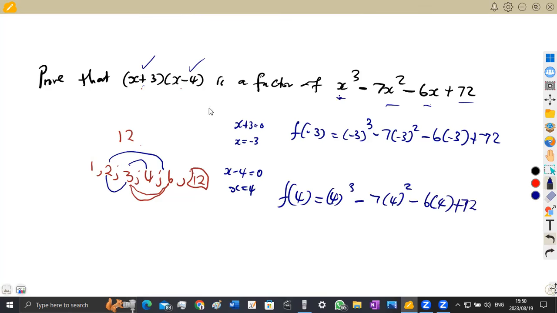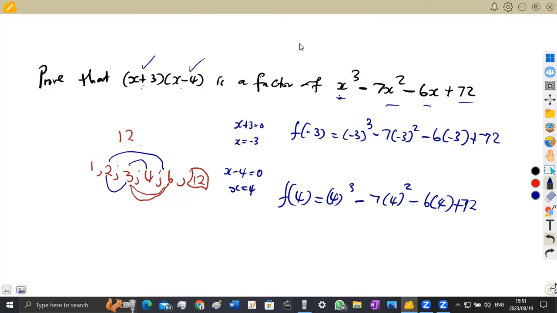But we can actually do it in another way, which we shall talk about later on. But the most important part that I need us to understand is how to find the factor by equating it to 0 and substituting into the expression, to see if it gives you 0.